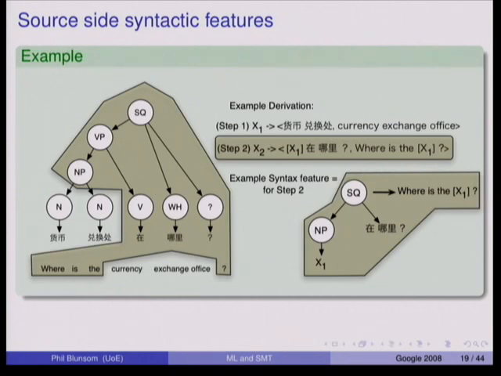In the second step, we can have the feature which says, for the question rule, the variable x that we're incorporating corresponds to a noun phrase, and the whole lot corresponds to a question. So this allows the model to learn a bias for corresponding to the parse tree. If it thinks that the parse tree provides interesting information, it can learn to use rules which correspond to constituents.